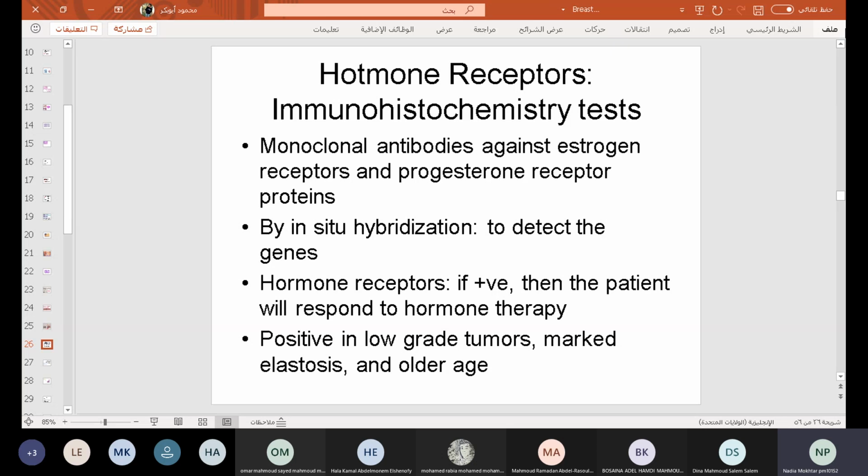We cannot see the antibody, we cannot see the antigen, but we can see the union of the antigen and the antibody with the coloring agent, and then it will give us the brown coloration. So hormone receptors, if positive, then this patient will respond to hormone therapy. We can give her anti-estrogen. But if this tumor is not sensitive, then she will be given chemotherapy. Okay, next.